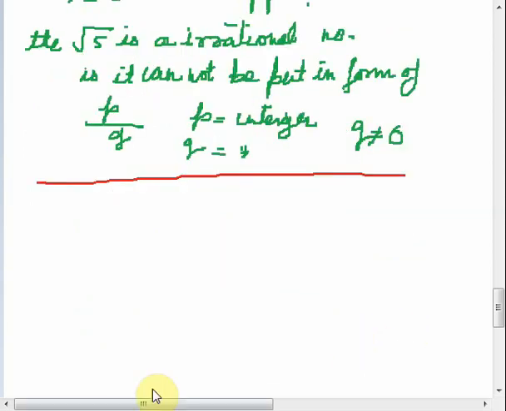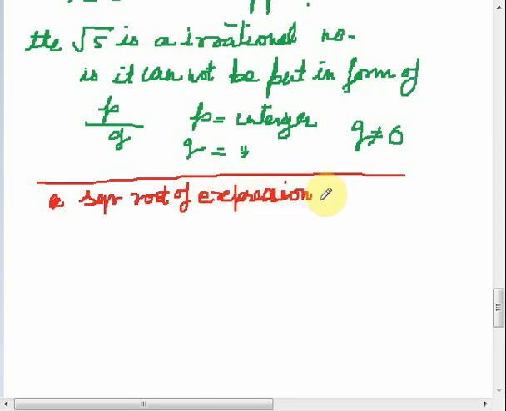Now a very important concept regarding the absolute value function is the square root of an expression containing variables.